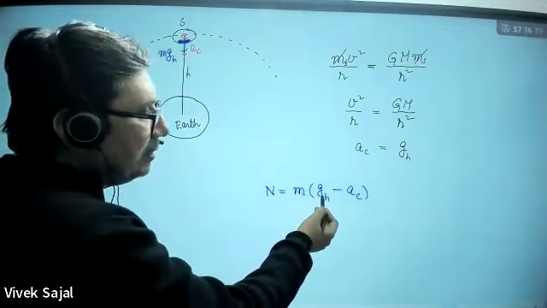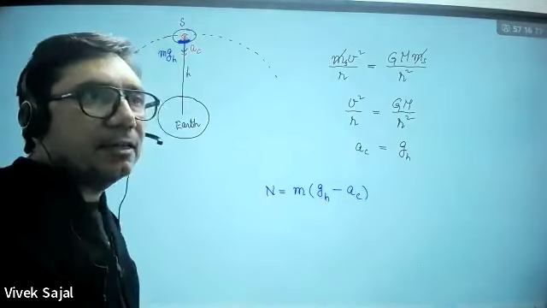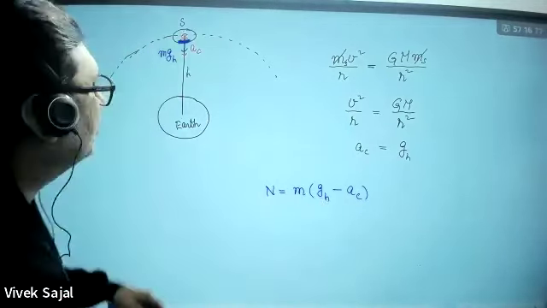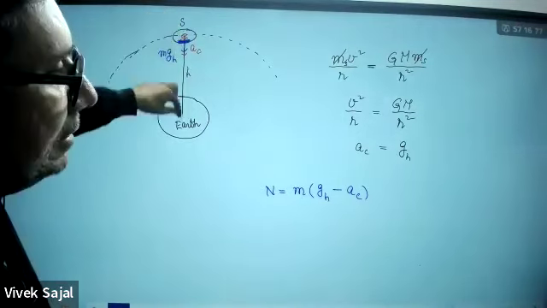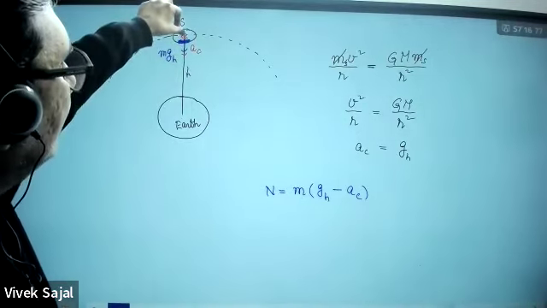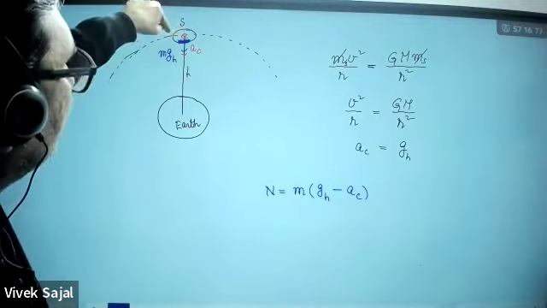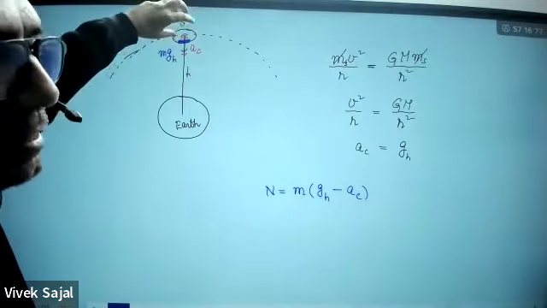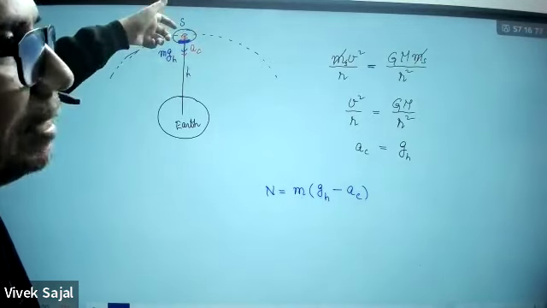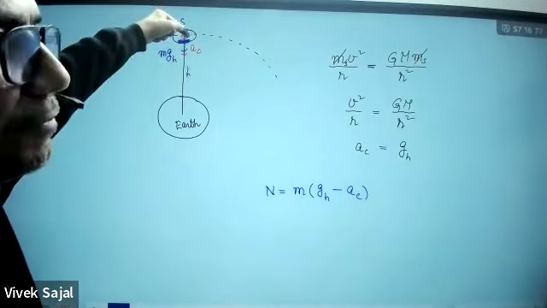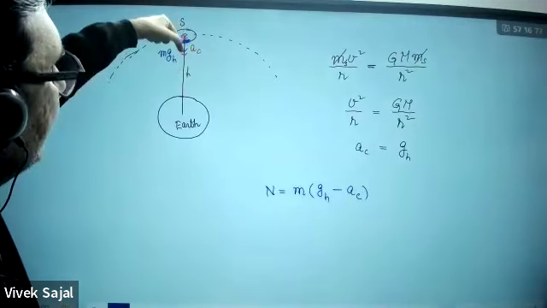That will be m gh. gh is the gravitational acceleration that is acting on this person in the satellite, the value of gh here at the position of the satellite. Second, if you compare with the earlier problem, this is acting like a lift. And what is its acceleration in the downward direction?